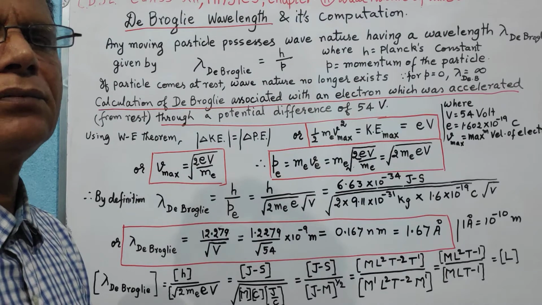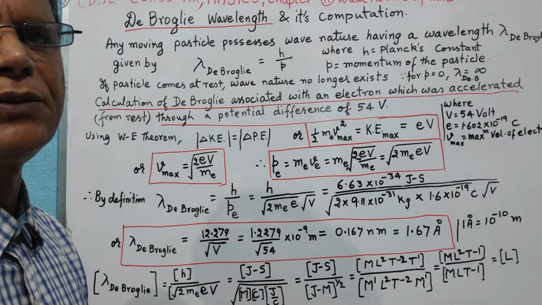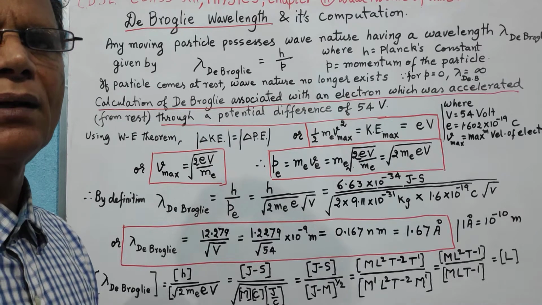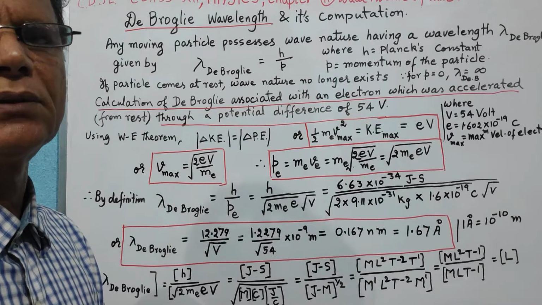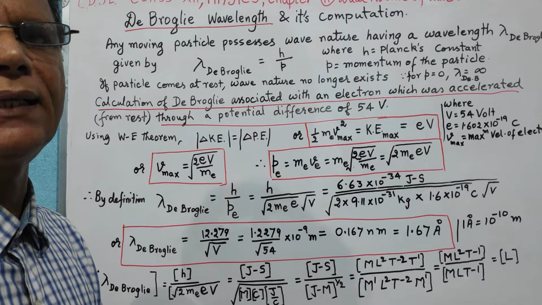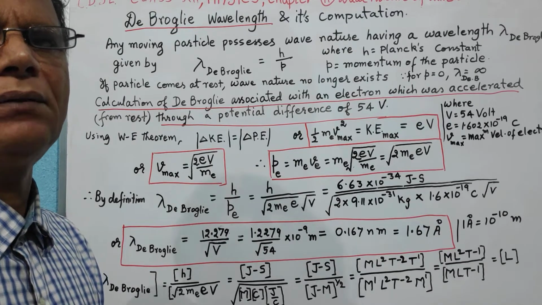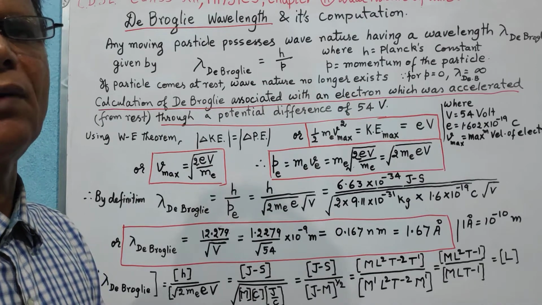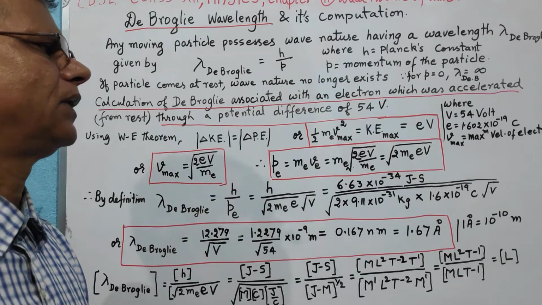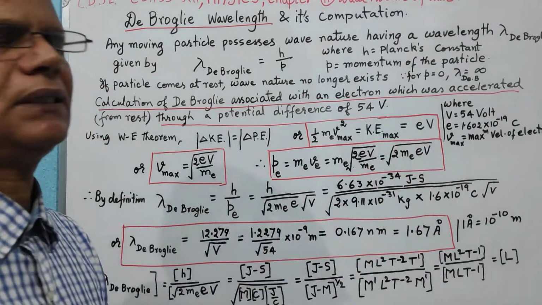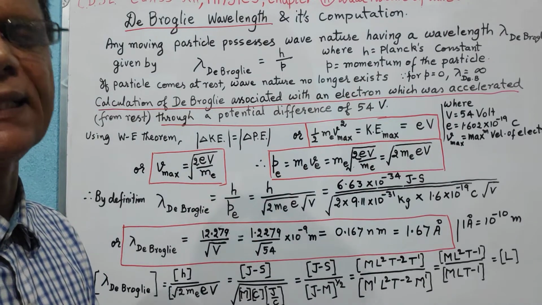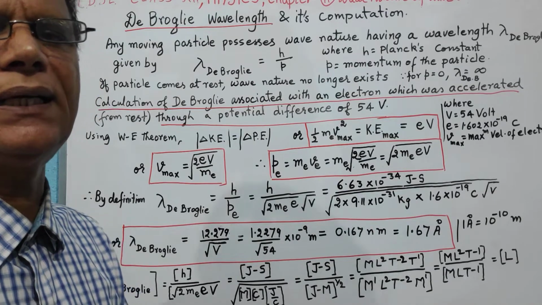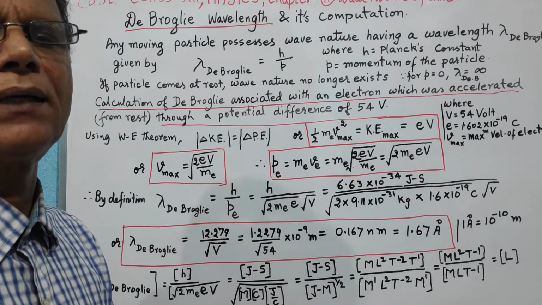Now one thing we will also like to discuss is that when some particle is being accelerated through some potential difference, the work done on the particle will convert into equivalent kinetic energy. And what is the work done? Work done will be equal to charge times the potential difference across which it has been accelerated, because you remember the basic definition of electric potential was work done per unit charge.